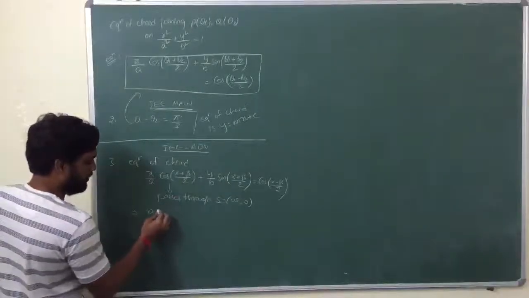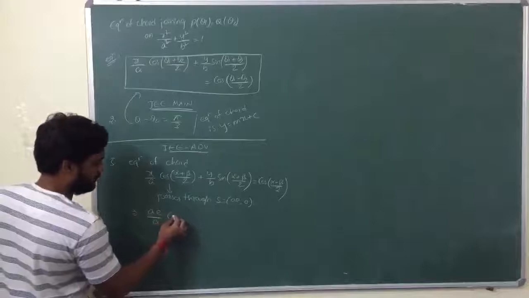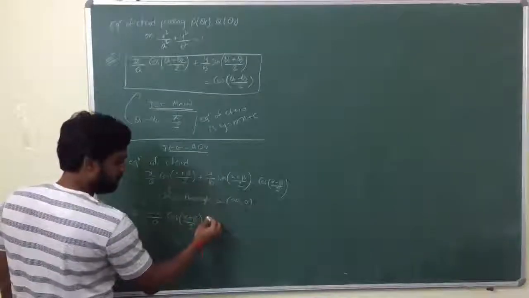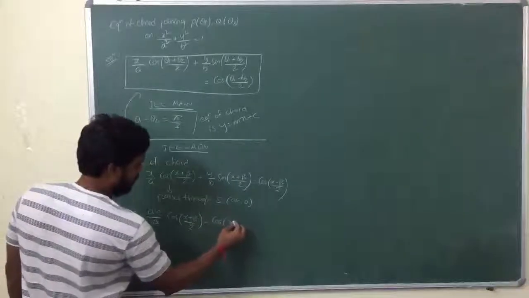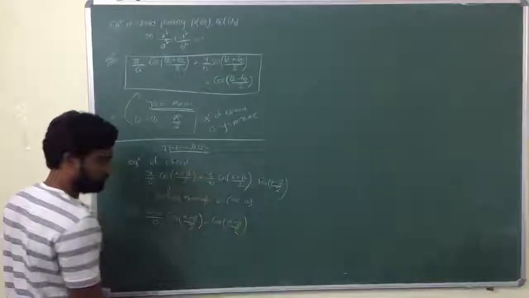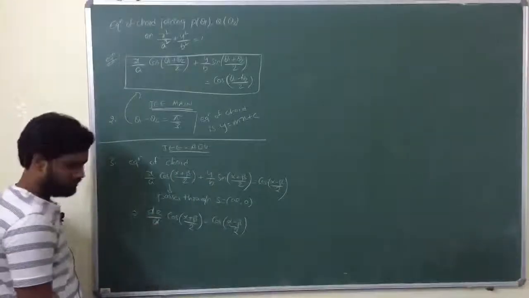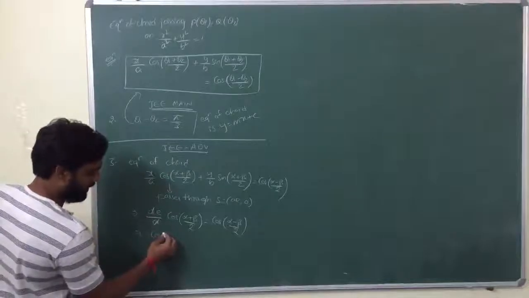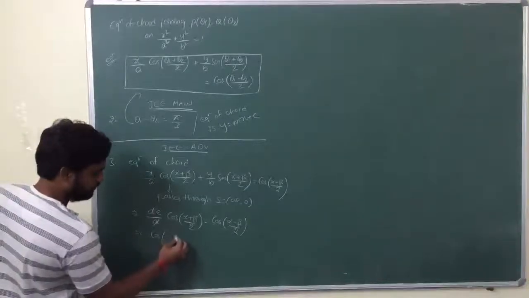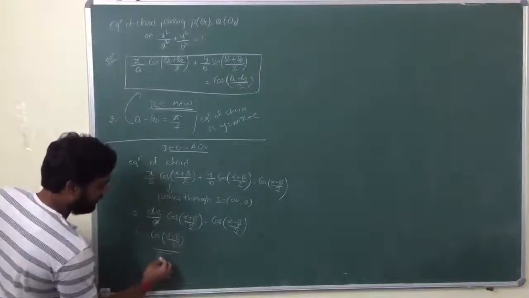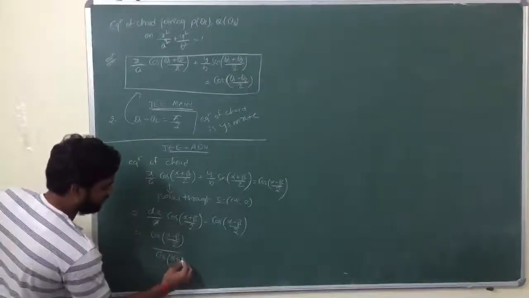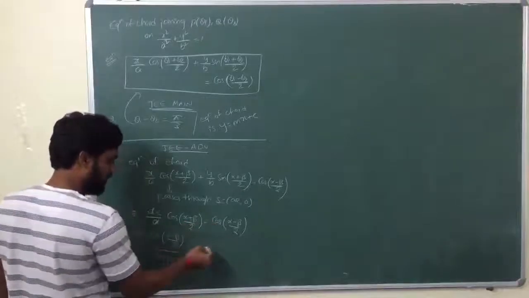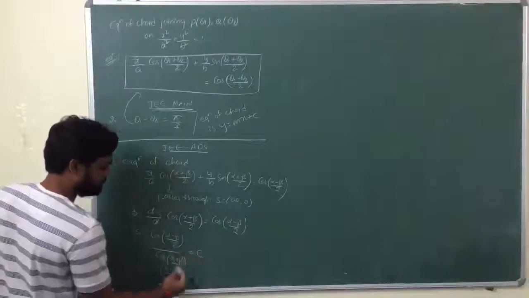Substitute: ae by a into cos of alpha plus beta by 2, plus 0, is equal to cos of alpha minus beta by 2. Okay? A cancels. So from here, what are you going to get? Cos of alpha minus beta by 2 by cos of alpha plus beta by 2 is equal to e.